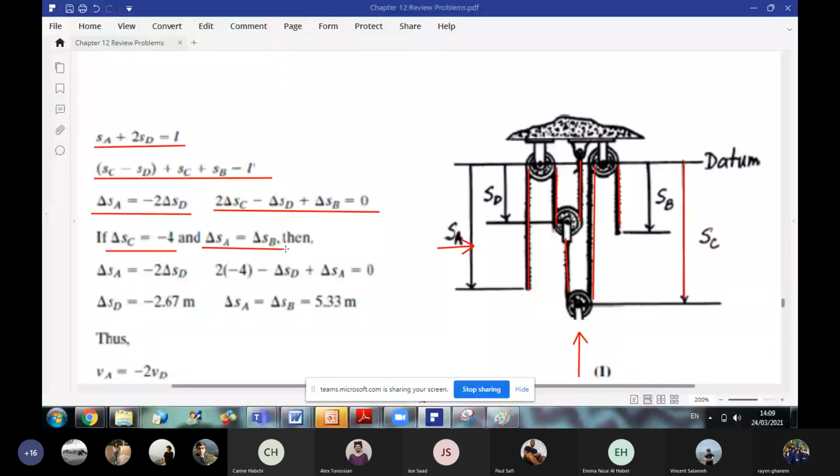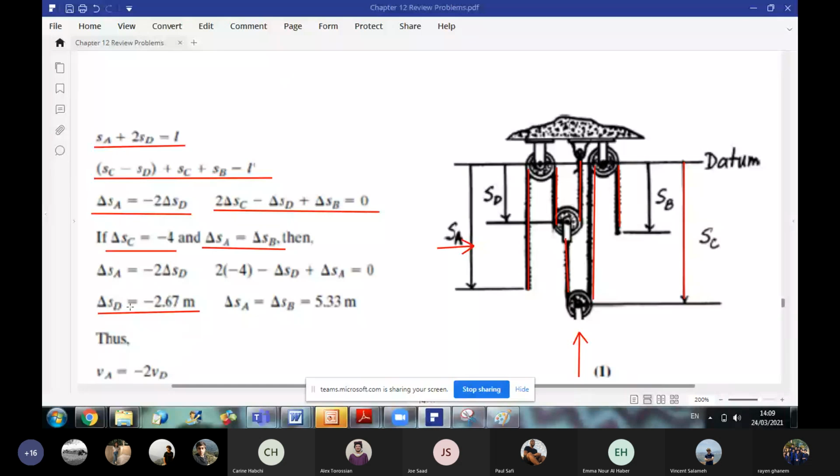Now by replacing in your equations, delta SA is equal to delta SB, so you get two equations with two unknowns, which are delta SC and delta SD. By solving the two equations, you can get the numerical value of delta SD, by eliminating delta SA and delta SB between the two equations, since delta SC is known.